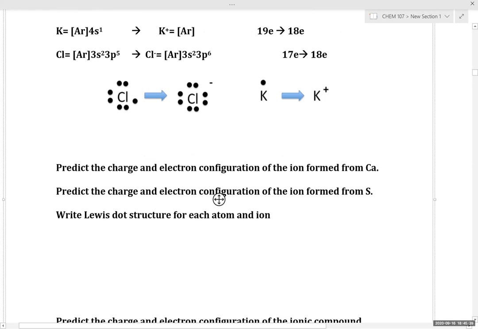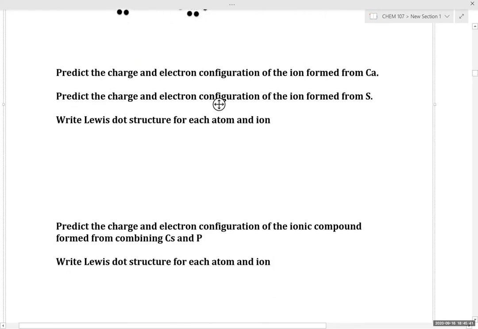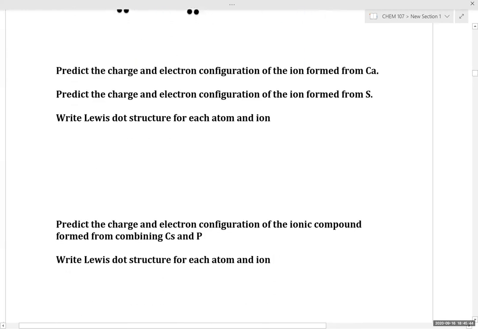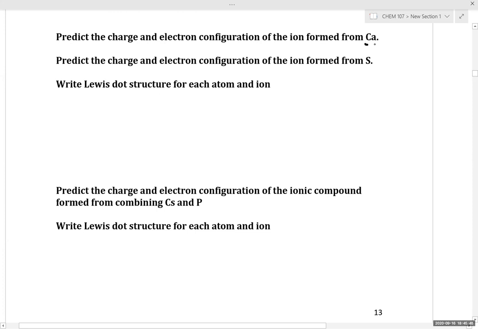So for our last exercises, I'd like you to show the Lewis dot structure for each atom and each ion. In this case, I'd like you to draw the Lewis structure for calcium and then show the Lewis structure for the ion formed from calcium. I'll do this first example and you'll do the second involving cesium and phosphorus.